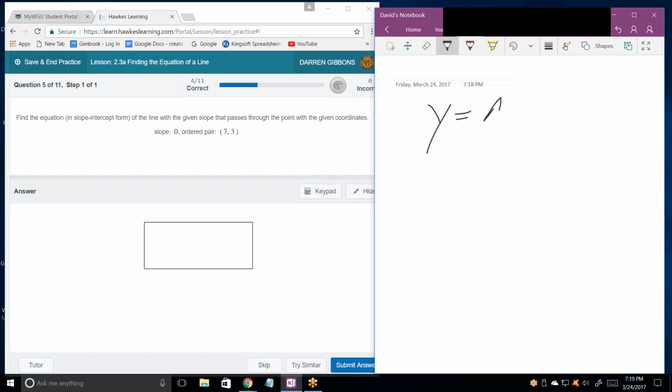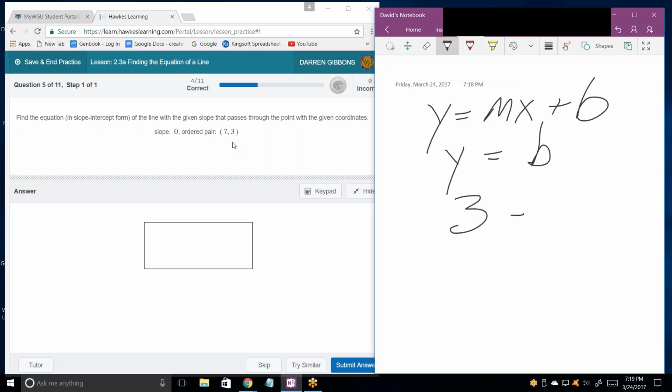All right, so this one they still want it in slope-intercept format, but they tell you the slope in this case is 0. So how much of the equation can I write? Y equals b. And now the y coordinate is 3.